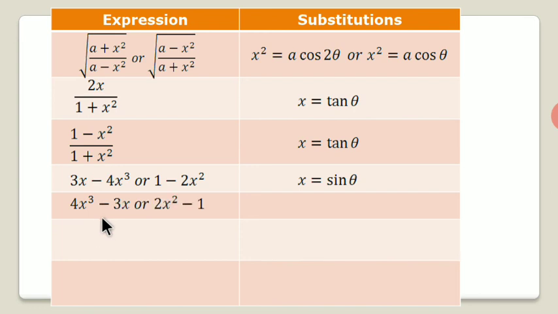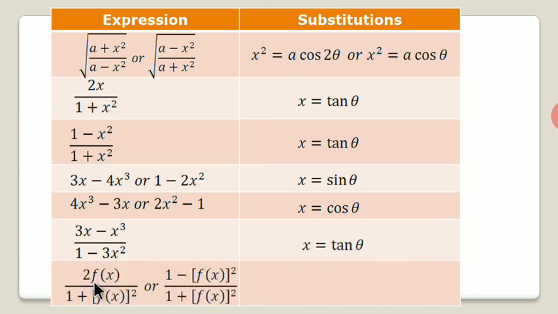When the expression is of the form 4x cube minus 3x or 2x square minus 1, then we use substitution for x as cos theta. If the expression is 3x minus x cube upon 1 minus 3x square, then we use the substitution for x as tan theta.